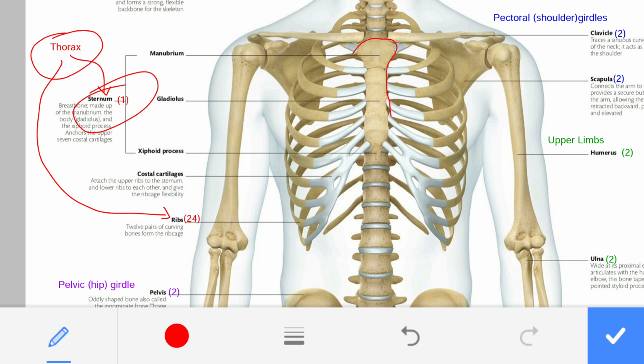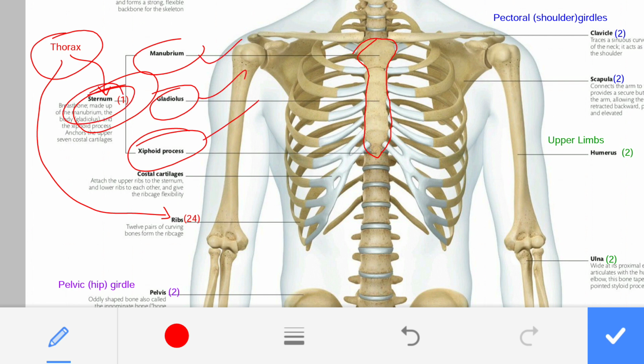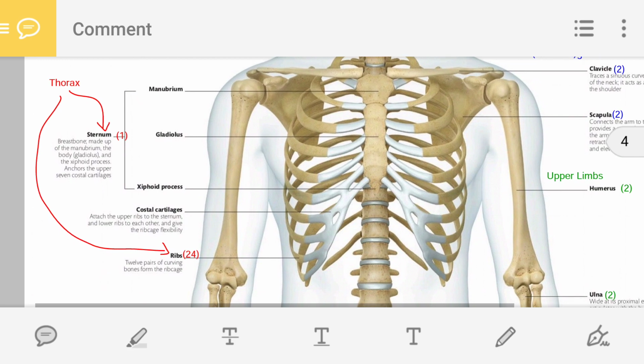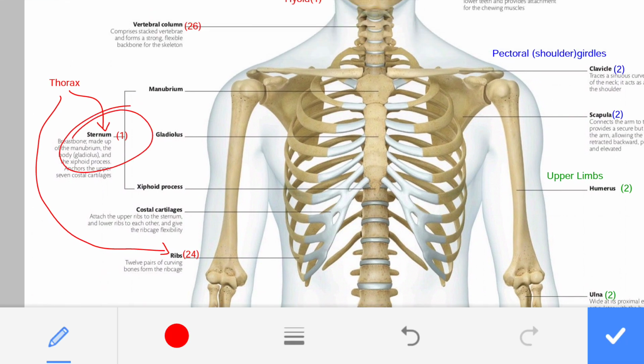This is the sternum, and the sternum has sub parts. The names are written; if you want to prepare, you can prepare. So in the thorax there is one sternum bone and ribs.